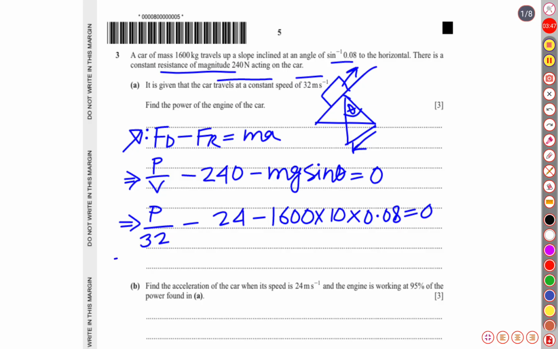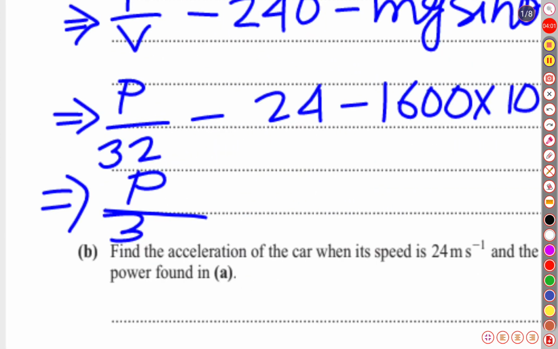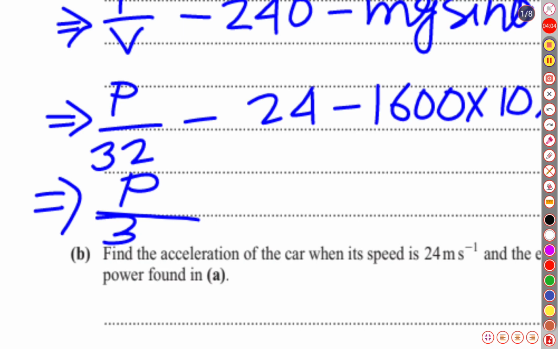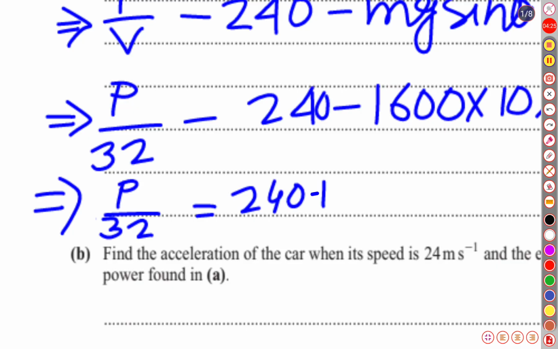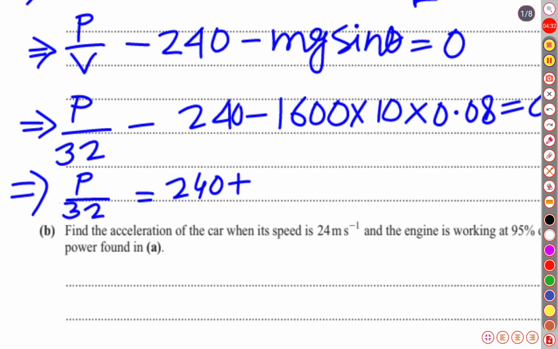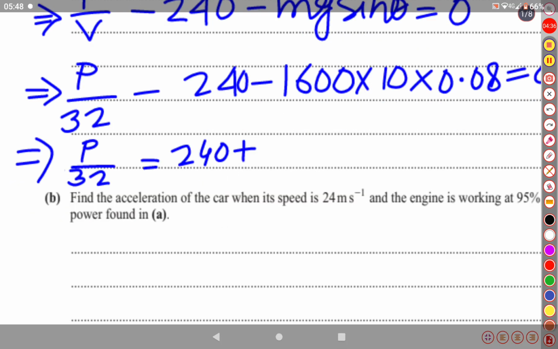So P over 32 is equal to, sorry, it is 240 plus 1600 into 10, 16,000 into 0.08. Let us see how much this is.